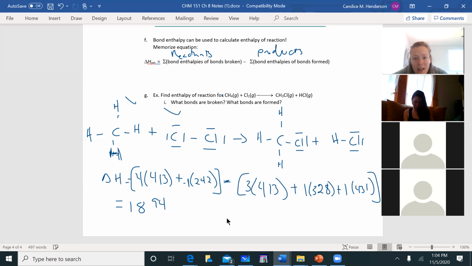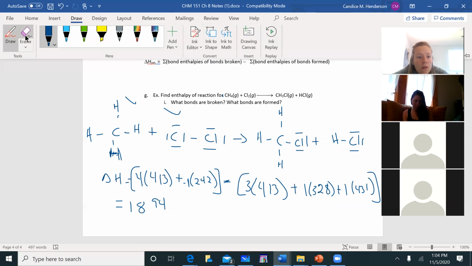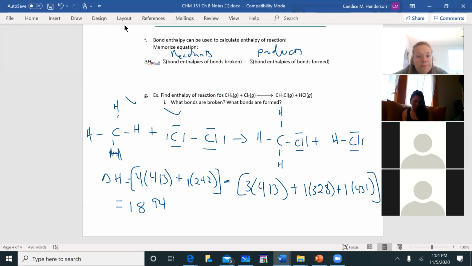I'm sorry, that looks like a negative and it is not supposed to be a negative. The next one, so we're going to subtract 1,998. So that's what this value is here. And you should end up with negative 104.